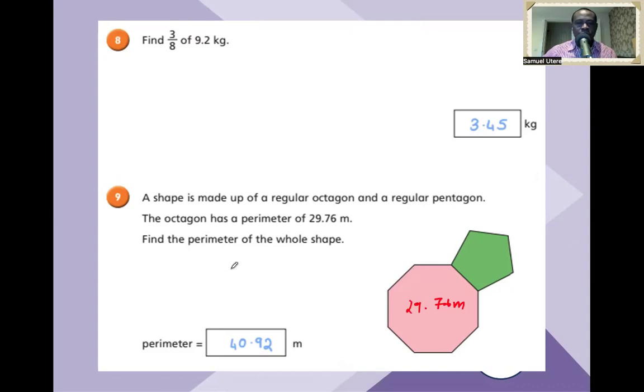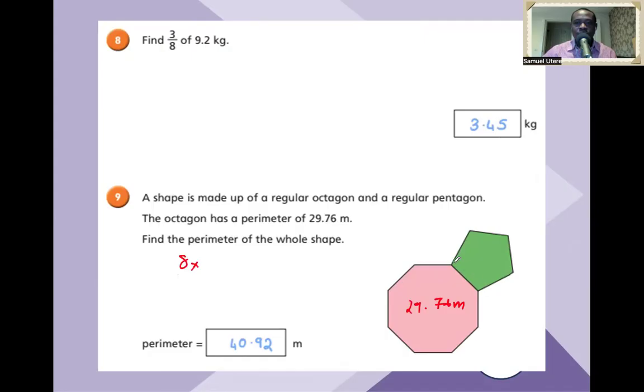So the first thing we do is we know that the perimeter is to add all the sides. Or another way to think about it is 8, because an octagon has 8 sides, times, let's call the side we do not know. In maths, we can use letters to represent things we do not know.